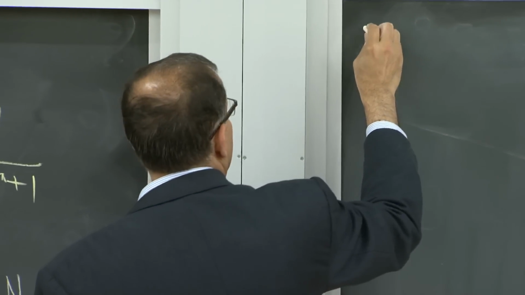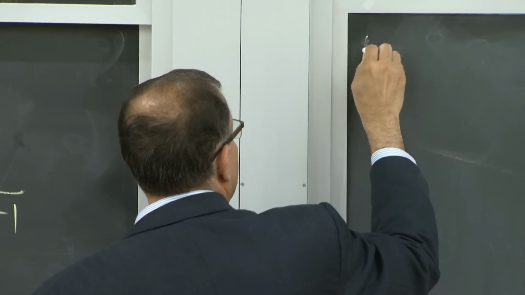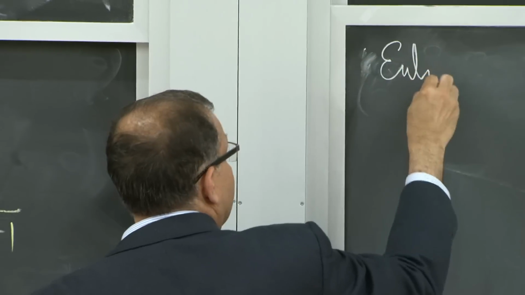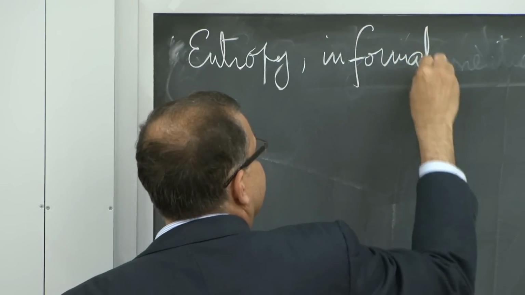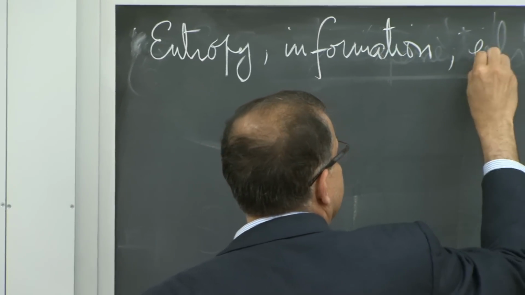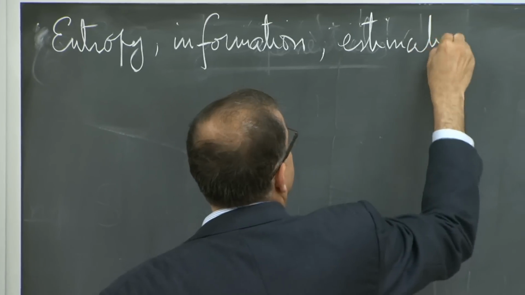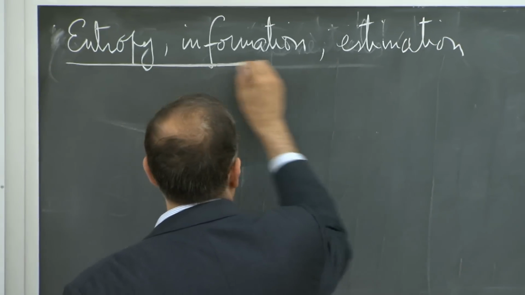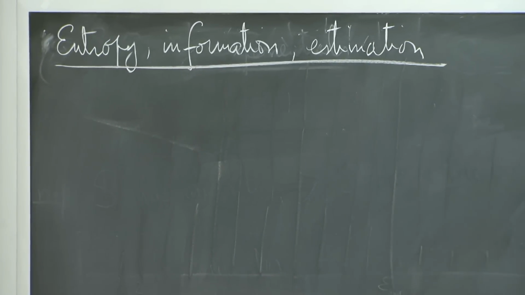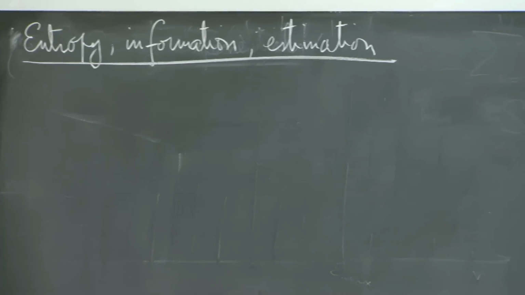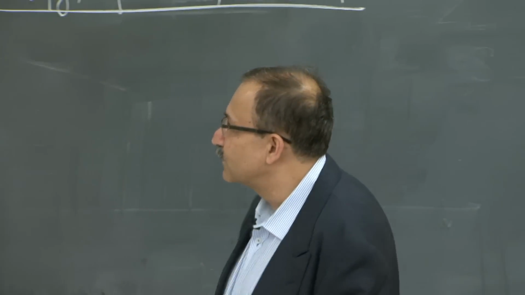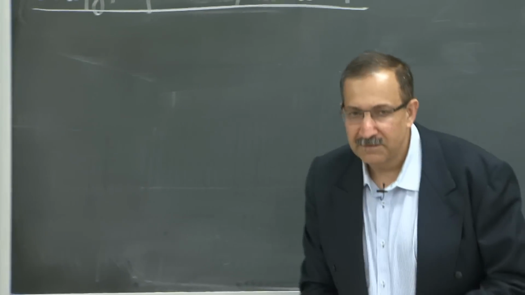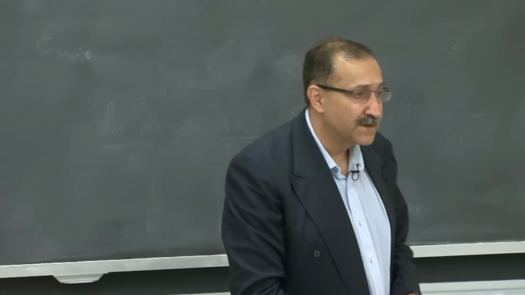Next part, we are going to talk about entropy, information, and estimation. So the first 4 topics of the course, thermodynamics, probability, the kinetic theory of gases, and basics of statistical physics, in each one of them, we will define some version of entropy.